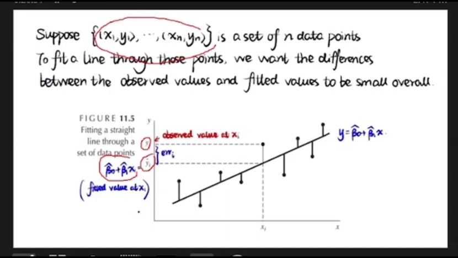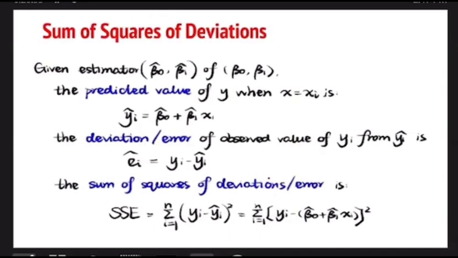Does that make sense? Now, take a look at this. These are the parameters, and these will be the estimators, just like what we normally do before this topic.